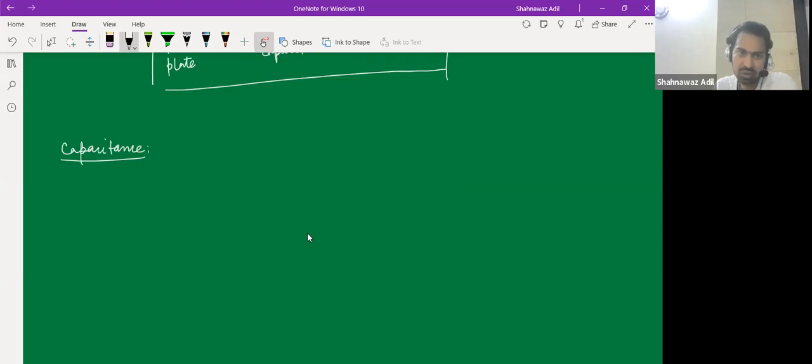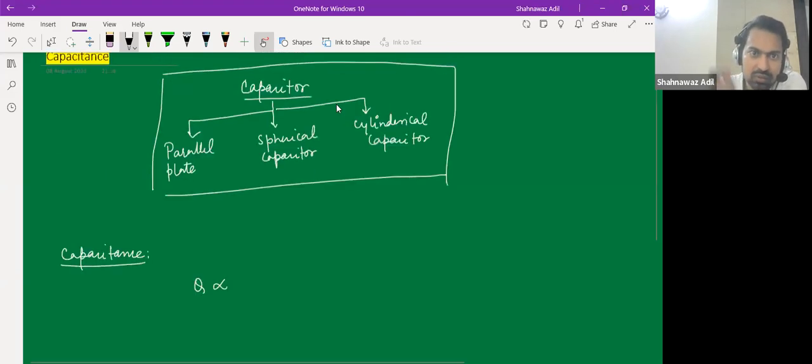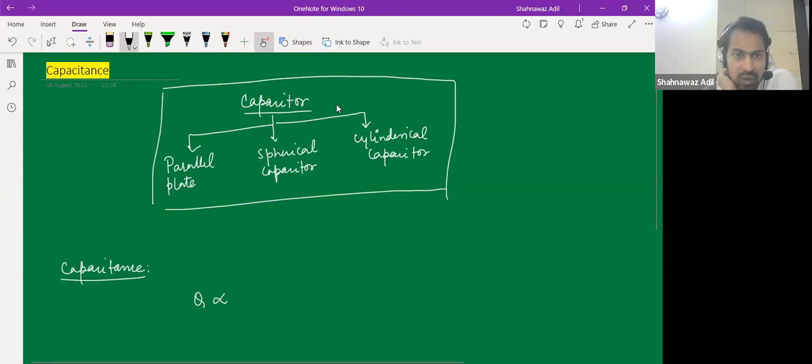We know that the charge is directly proportional to the voltage. This part we will discuss in detail, right?